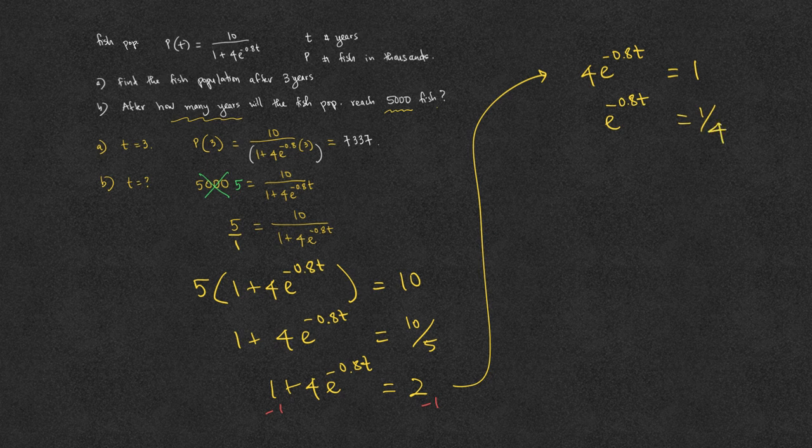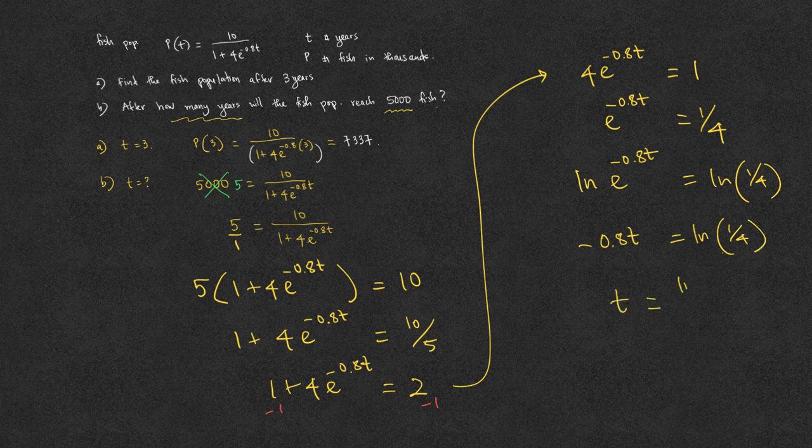The left-hand side now has a base e, a simple exponential form, so we can take ln of both sides of the equation. The left-hand side is ln of e to the negative 0.8t, and the right-hand side is ln of 1 over 4. ln of e collapses and it gives us negative 0.8t on the left, and the right-hand side is ln of 1 over 4.